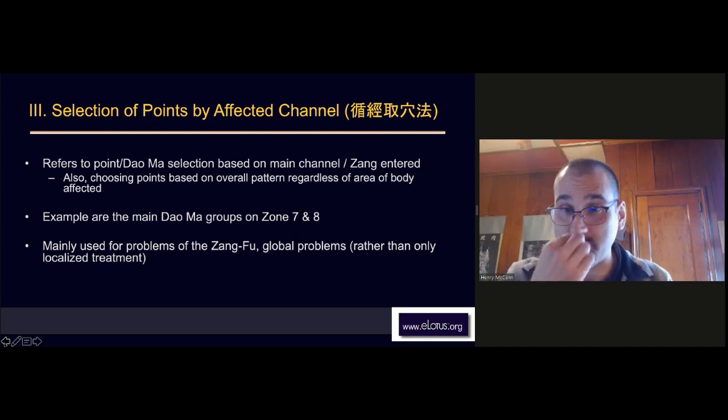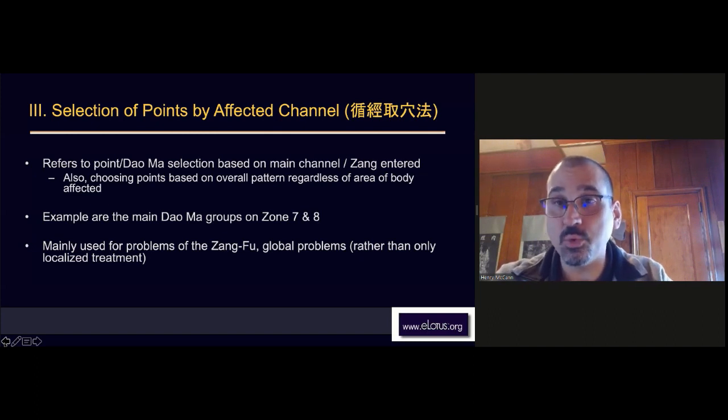And we will see that Master Dong uses, basically, with kidney getting 2, kidney is so important, we get 2 Dharma groups. But we have a Dharma point combination in zone 7 or 8 that relates to each of the 5 viscera. Master Dong's main diagnostic paradigm himself was diagnosis of the 5 viscera, the 5 Zhang organs.